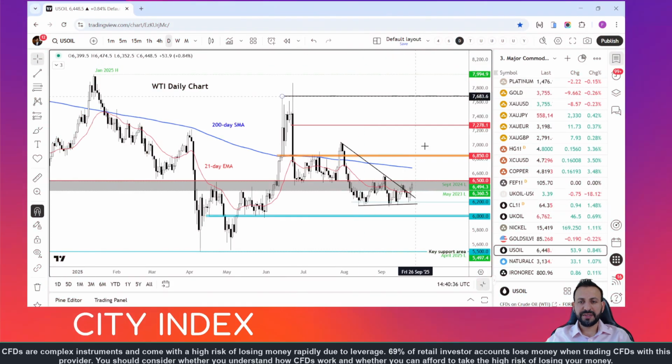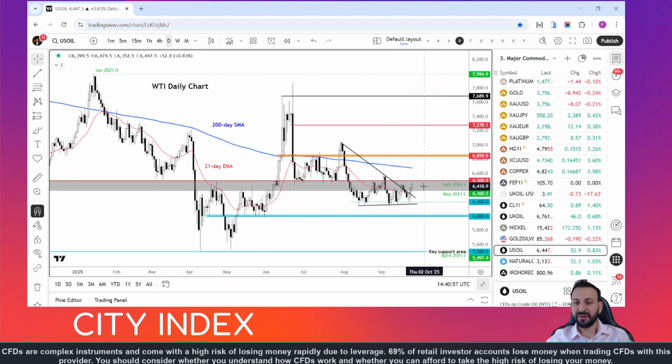Keep an eye on crude oil prices, because the WTI chart here is approaching potential resistance at around that 65 key psychologically important level. It has broken its short-term bearish trend line, but that in itself is not really a clear bullish signal. It does, though, make the bearish case a little bit less compelling.